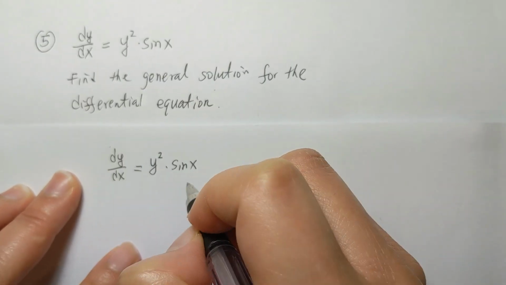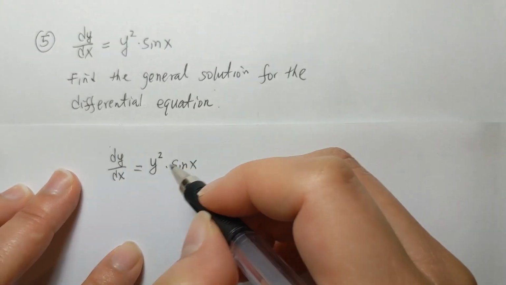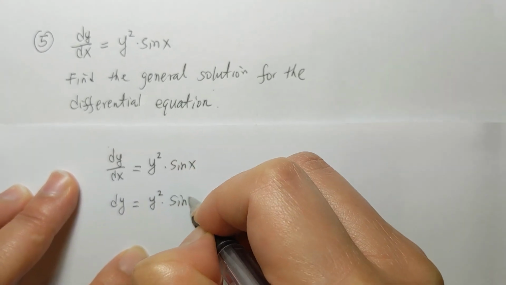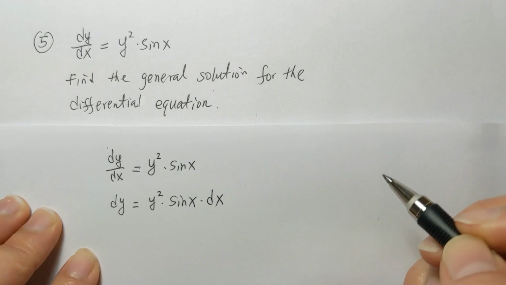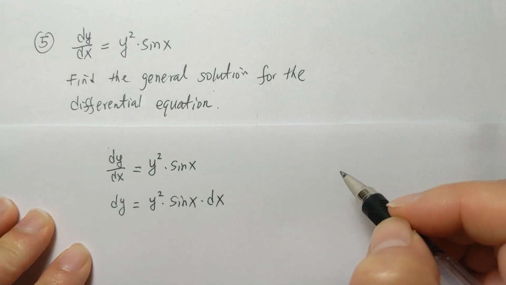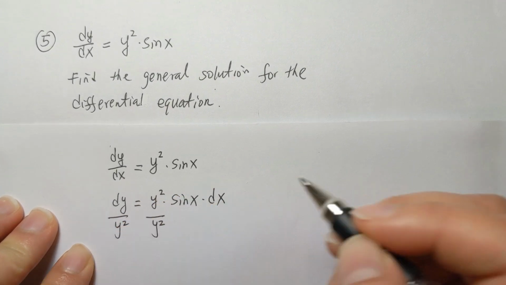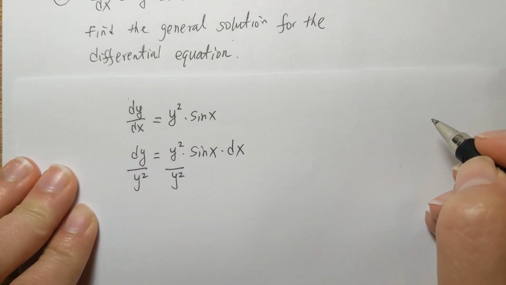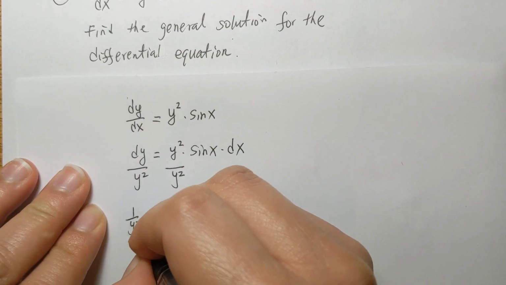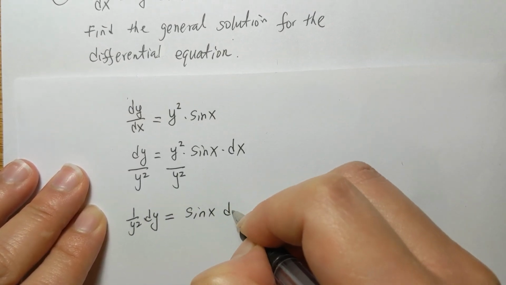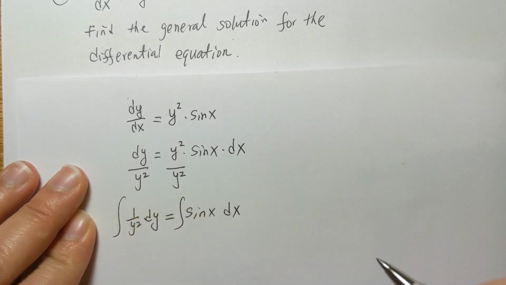So same thing, cross multiply, in other words, you multiply by dx here. And I do not want the y squared with the x together, so I divide by y squared on both sides. So now I have 1 over y squared dy equal to sine x dx. And then I put the integral symbol.